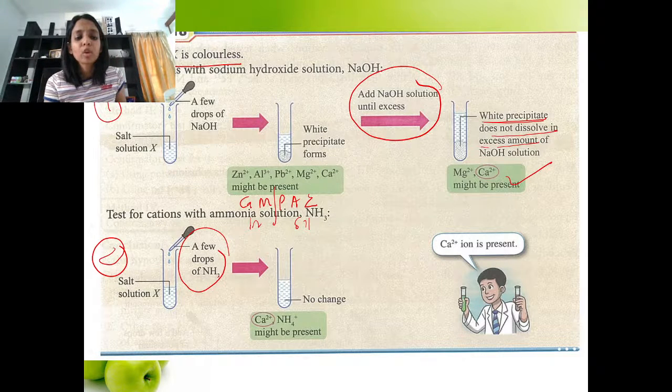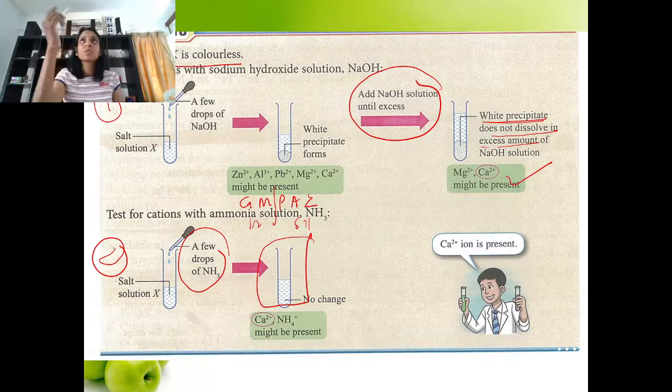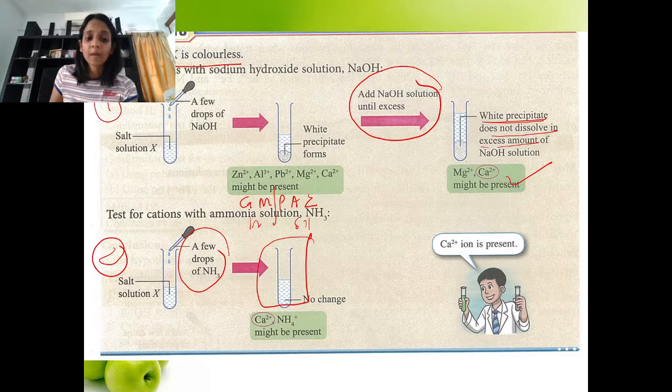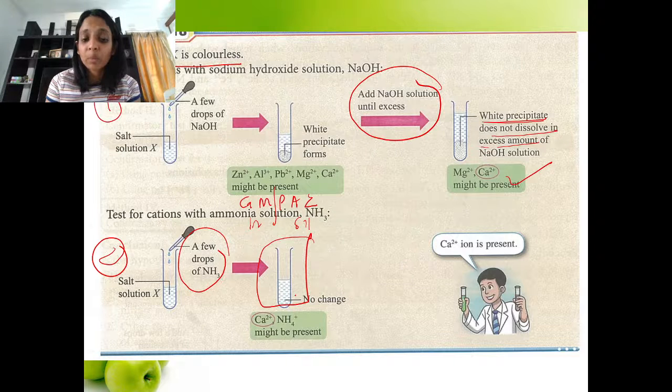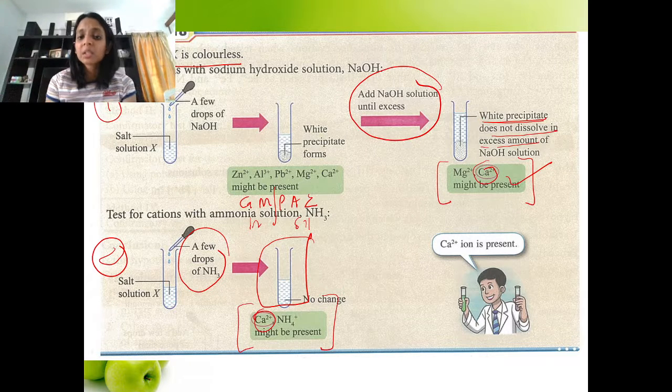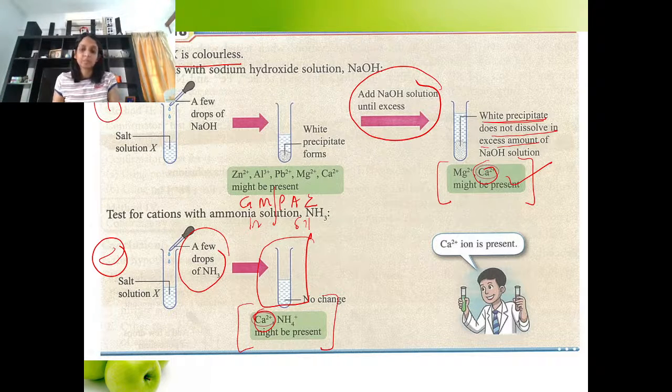If teacher puts a few drops of NH3 and I see no change, remember just now, for sodium hydroxide or ammonia, the last slide teacher taught you, only calcium and NH4 may be present if I'm using ammonia with no change. Now you look at these two examples that teacher is highlighting here. What is the similarity? Obviously calcium, right? So this tells me that calcium ions are present.